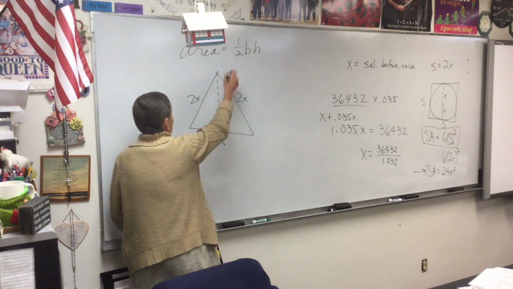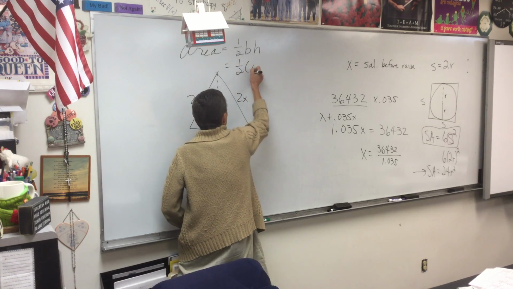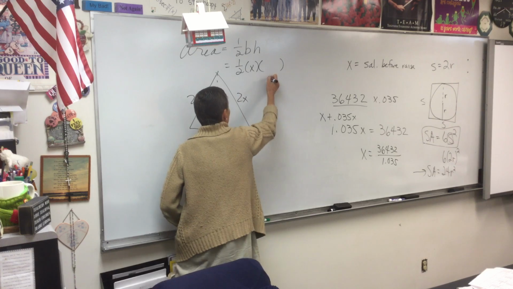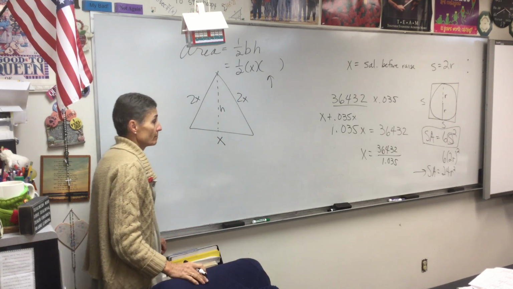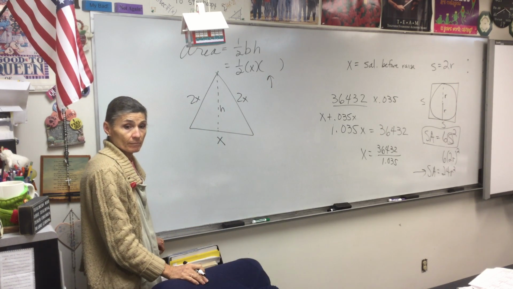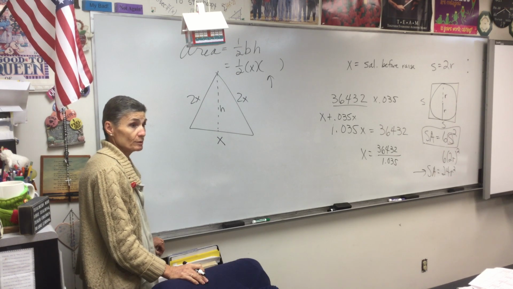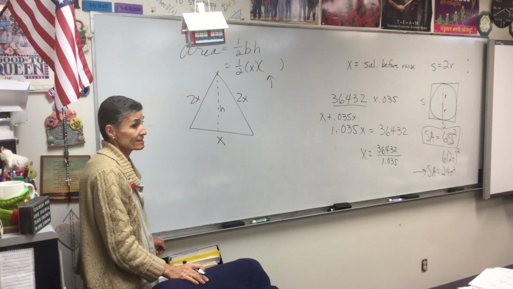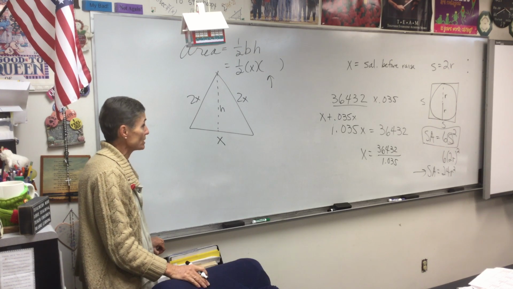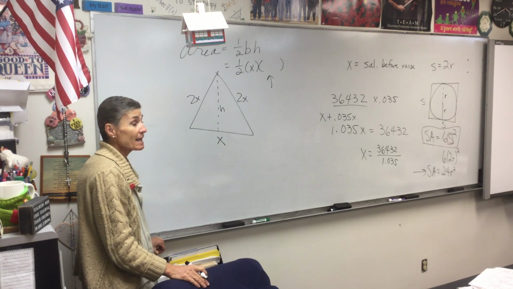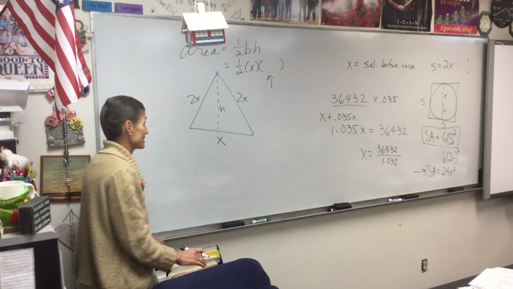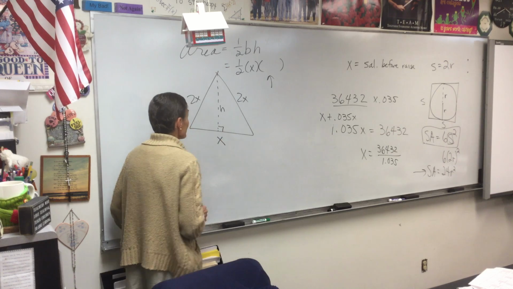My base is x, so I can say 1/2 x, but now I need my height. Well, I can't conclude this is a 30, 60, 90, because they're not in the right ratios. But I can use what very famous theorem, since this is a right triangle?